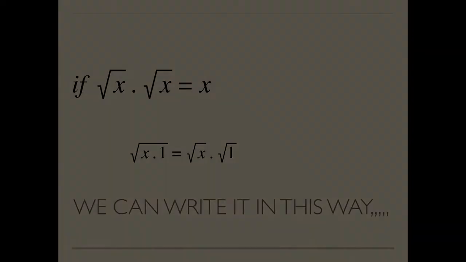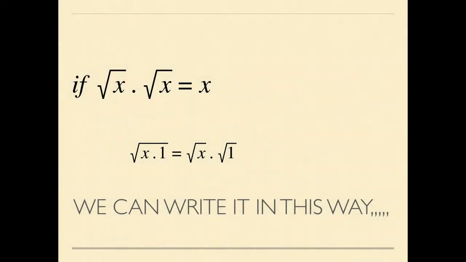Now, as you know, square root of x times square root of x is equal to x, and square root of x can be represented as square root of x times 1, and that can be written as square root of x times square root of 1.